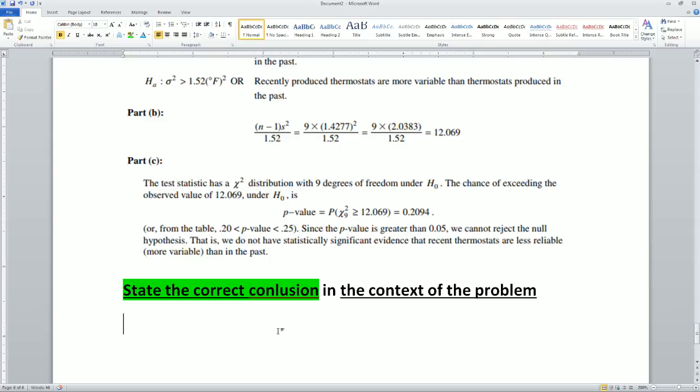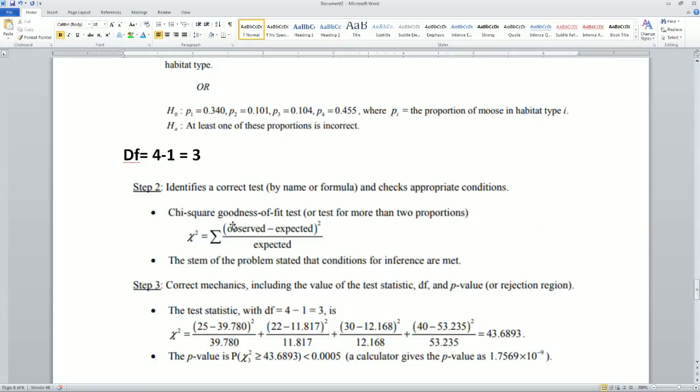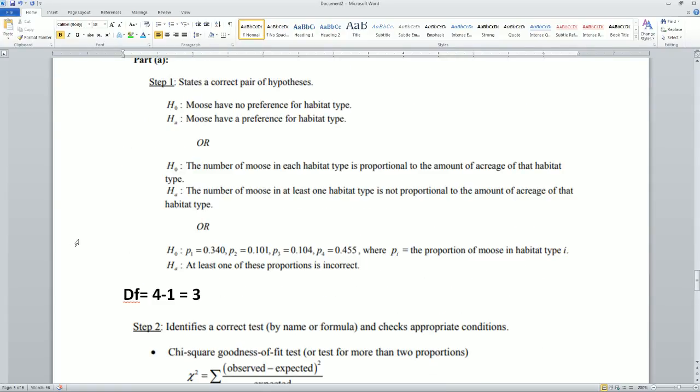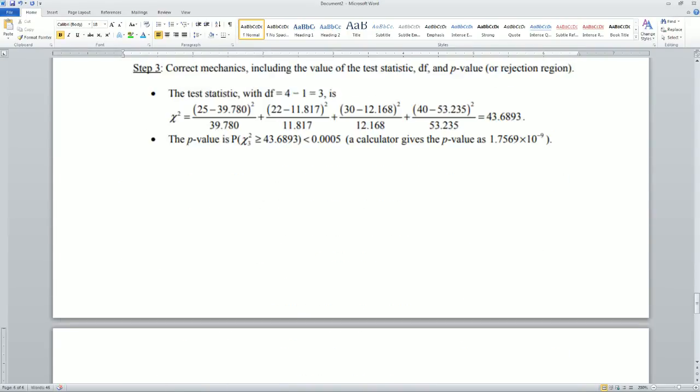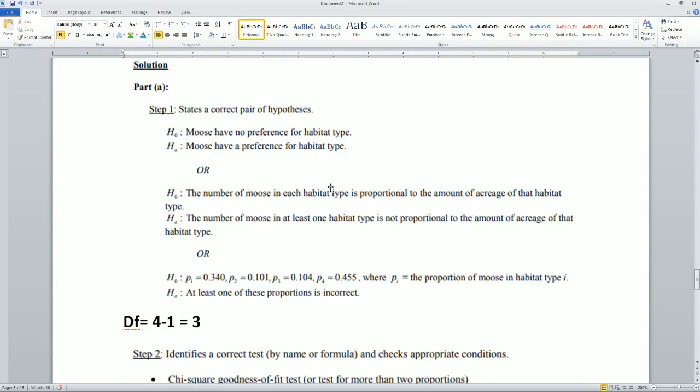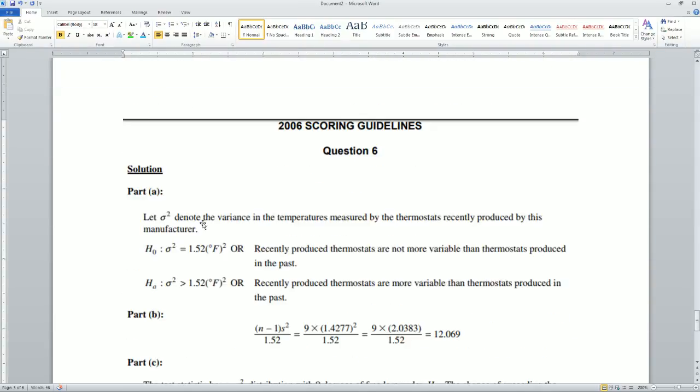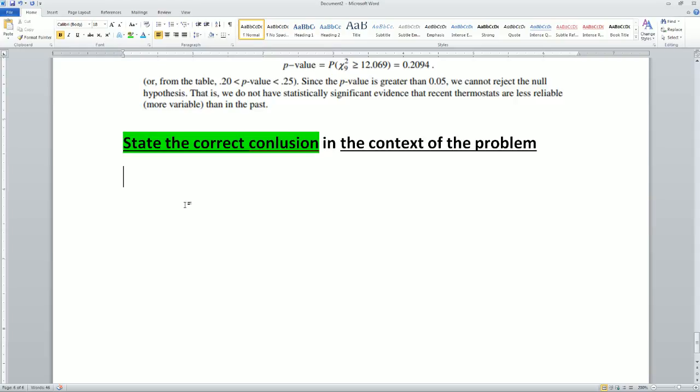We reject and insert your H naught statement. We reject that moose distribution is proportional to the land habitat area, because there is strong evidence. So that's your first sentence, talking about your H naught.